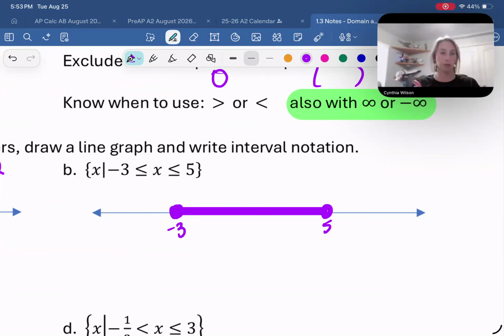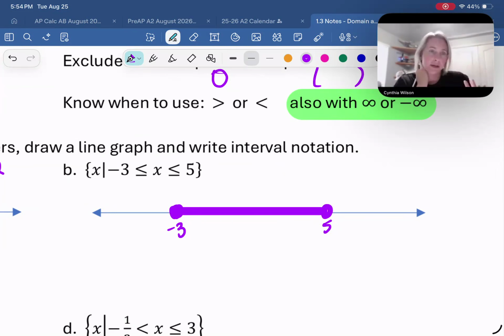So I can say 0. Does 0 fall between -3 and 5? Yes. Okay, could I say -3? So put it in the chat. Could I say that -3? Yes. Perfect. How do you know? Yeah, we got that included, that equals to.